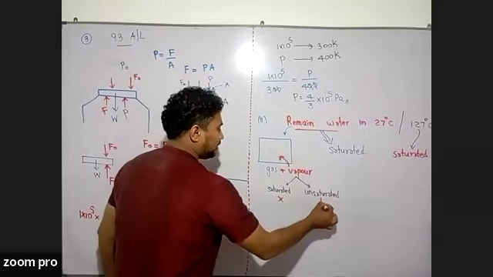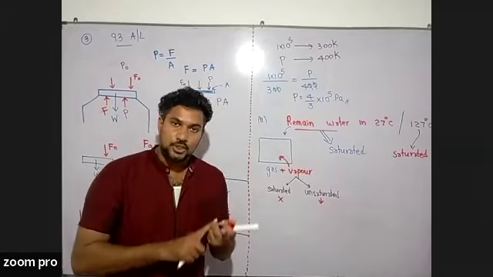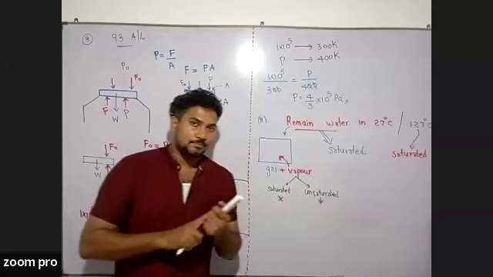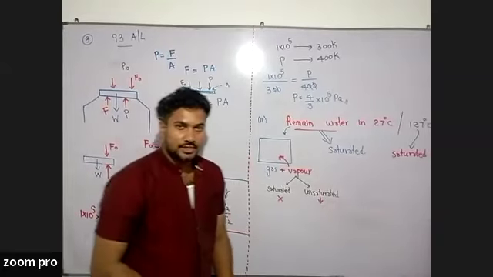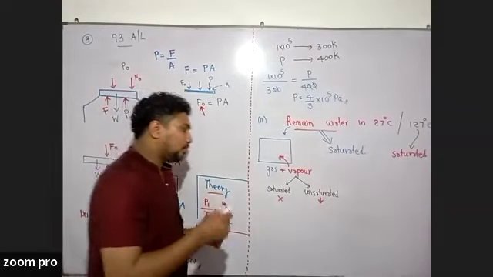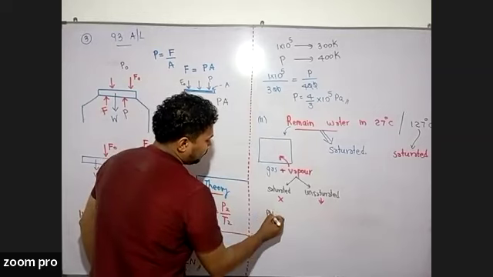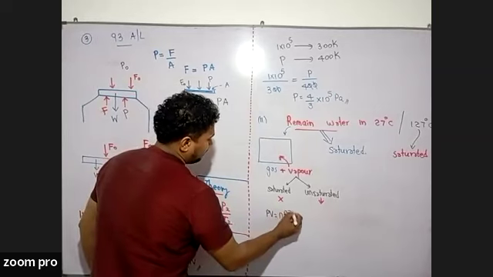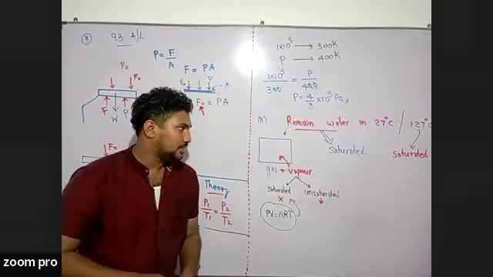We can apply the gaseous laws like Boyle's law, pressure law, Charles law, for the unsaturated vapors. So the only equation we can use for the saturated vapors is PV equals nRT, right?